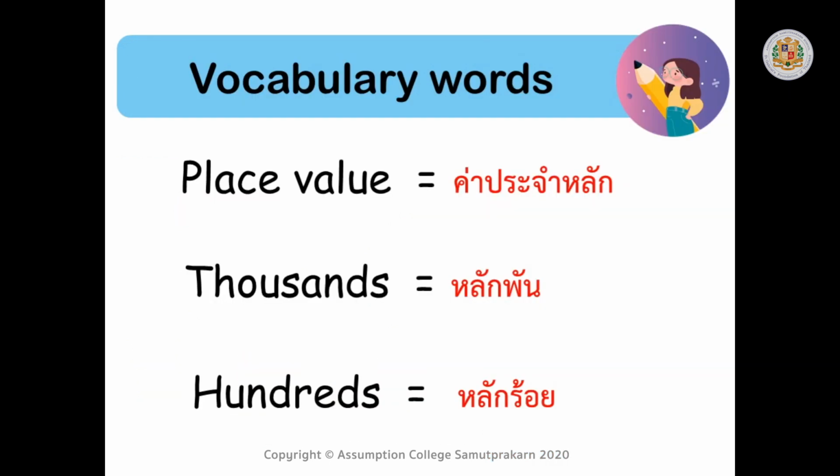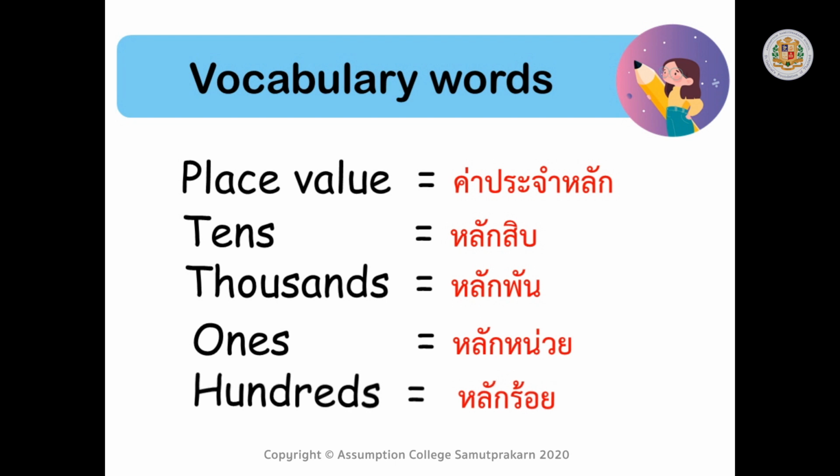First, let's begin reading these vocabulary words. Repeat after me. Place value. Tens, thousands, ones, hundreds, 10,000s.